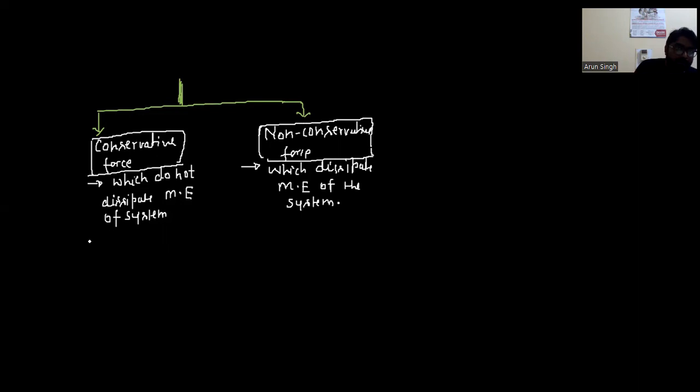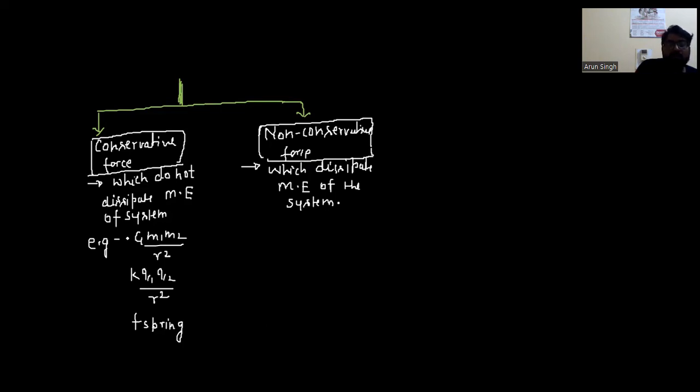So examples like G M1 M2 upon R square, conservative. K Q1 Q2 upon R square. Spring force is also a conservative force.